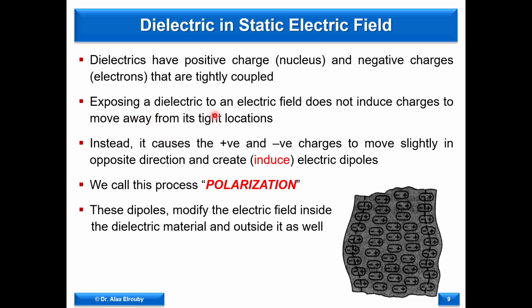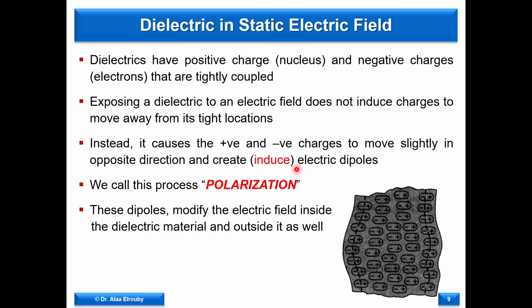So when exposing a dielectric material to an electric field, there is no way to induce charges because there are no free charges. The thing that happens for dielectric material is that the electric field will cause the electric dipoles that we just described to slightly orient, or start to orient themselves along the direction of the electric field.